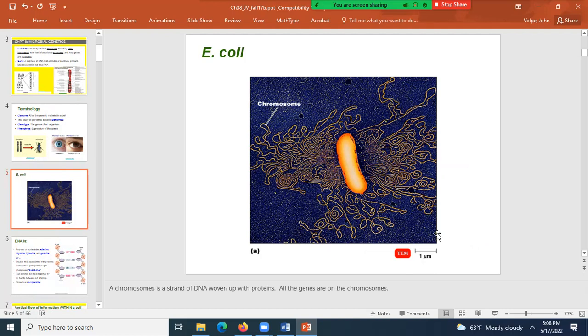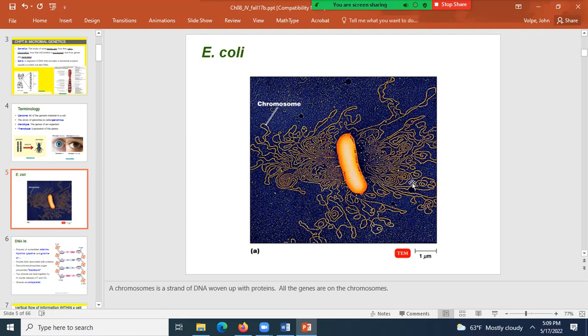The chromosome holds all of the genes together. In most prokaryotes, there's only one chromosome. As you know, in most eukaryotes, there are multiple chromosomes. And here we see a chromosome of E. coli.